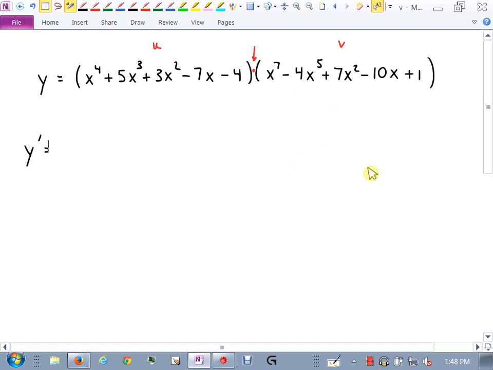Or do you want me to do the derivative now? Write it first? Okay. So I'm taking x to the 4th plus 5x cubed plus 3x squared minus 7x minus 4. That's my u. That's my first function. I'm going to take derivative of that times the other one, right? Am I going to take derivative of this one? Not yet.